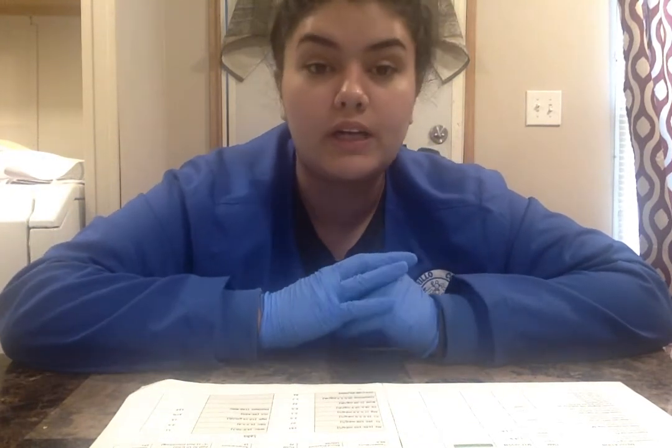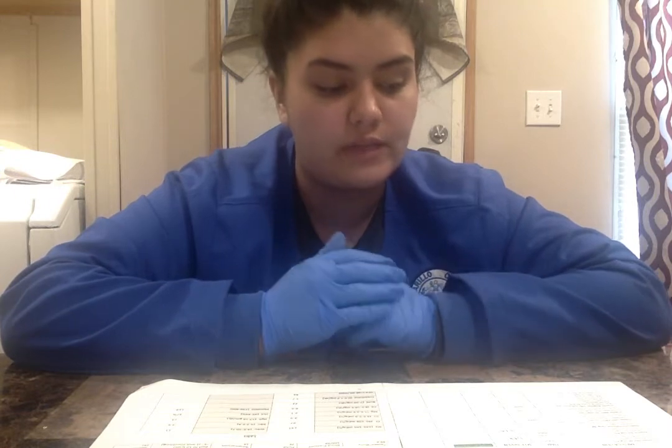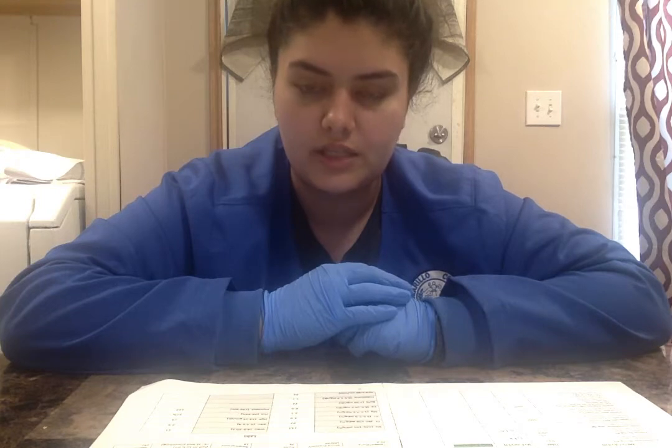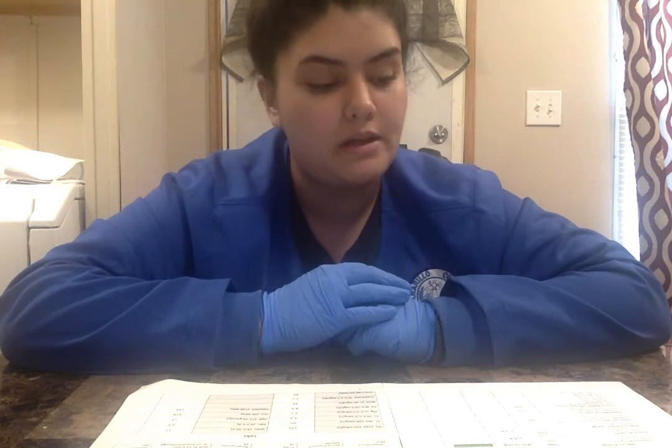Okay, so we're going to come back, and our evaluation for this medication is going to be that we make sure that the patient is no longer sitting on a scale of 1 to 10.